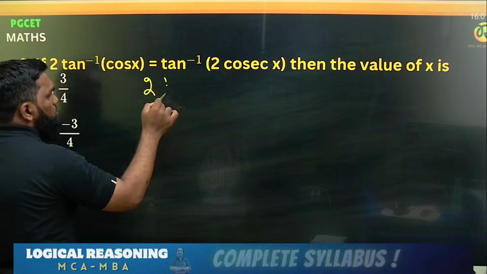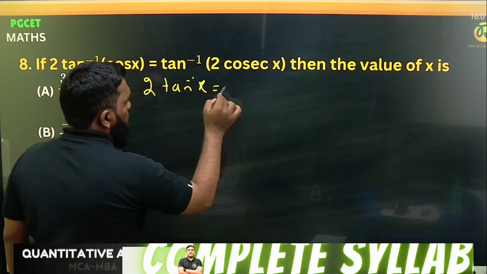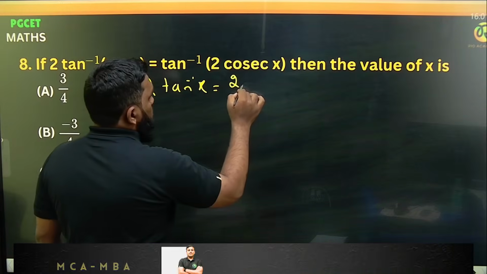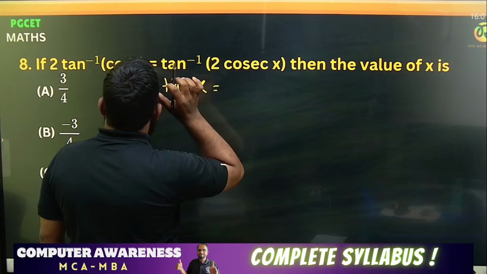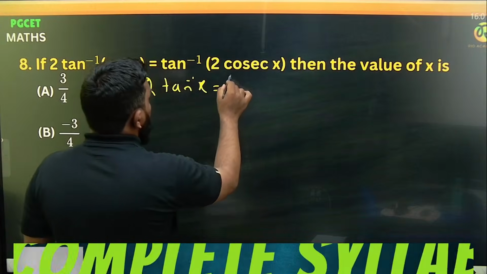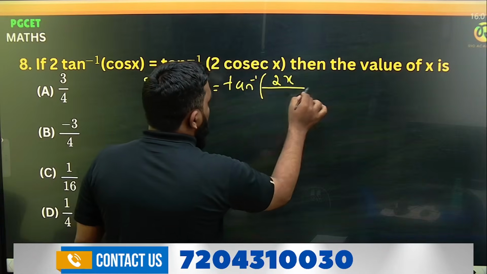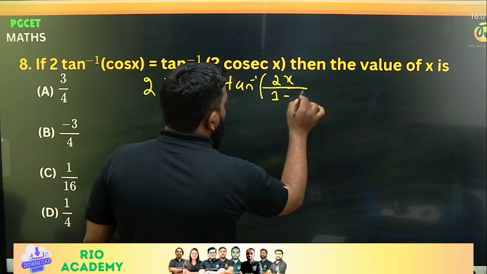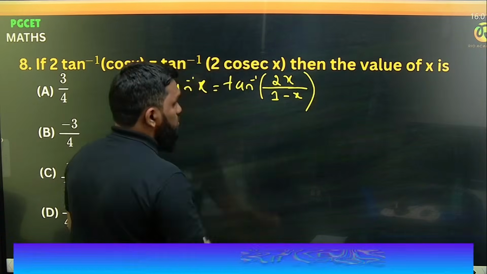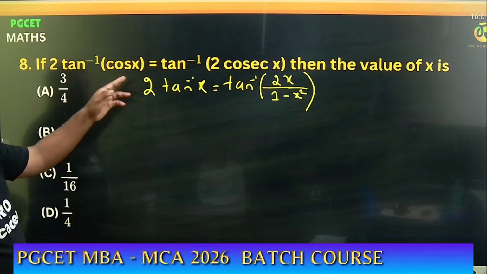We know that 2 tan inverse of x is tan inverse of 2x divided by 1 minus x square.